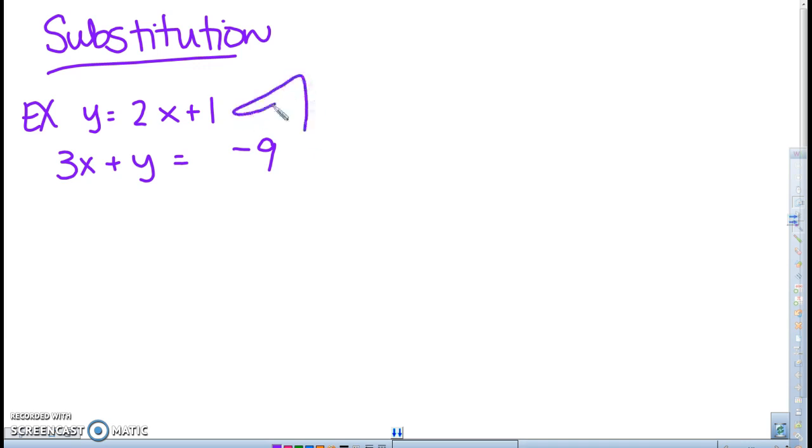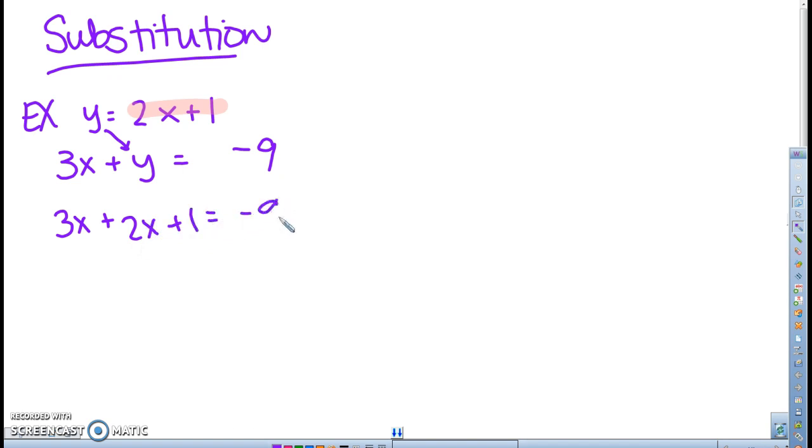And the first one is substitution, which works best if I have something like this set of equations where I have one variable by itself equal to the rest of the equation, because very easily I can just plug that in here. So I can say that's 3x plus whatever this is, 2x plus 1, equal to -9.